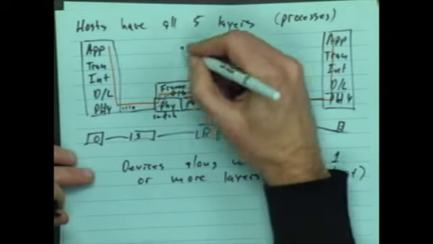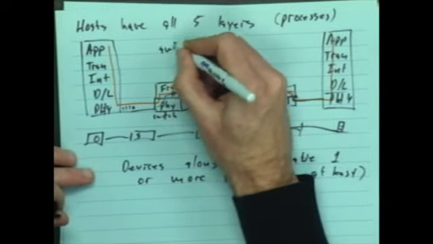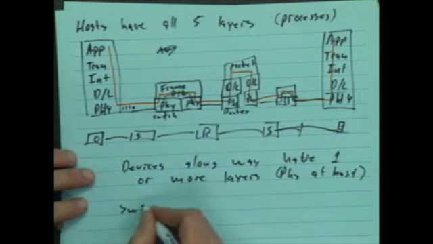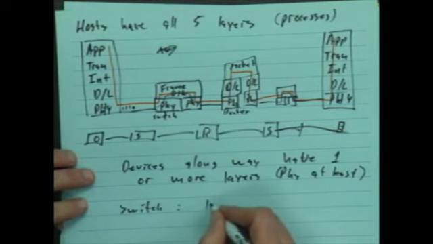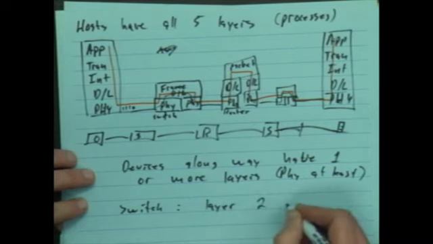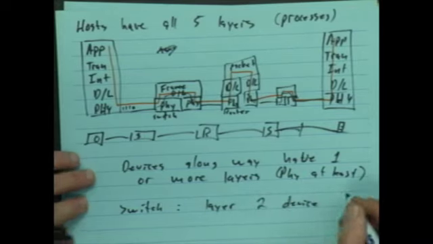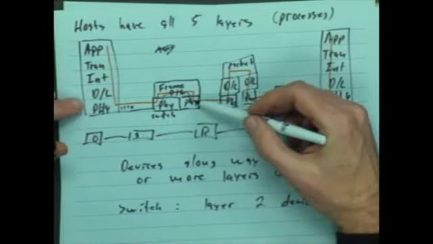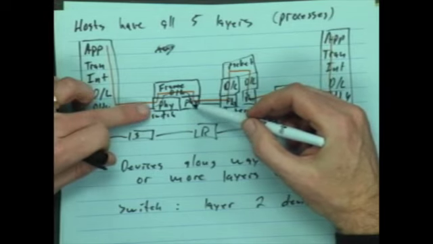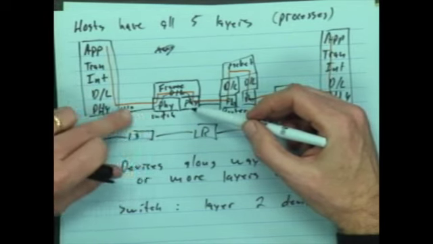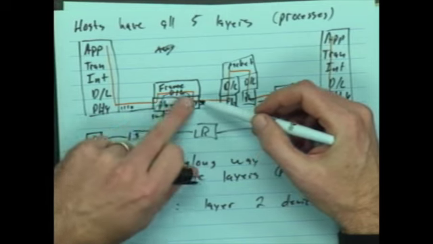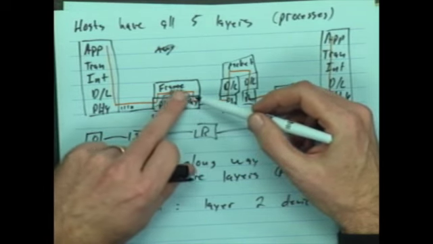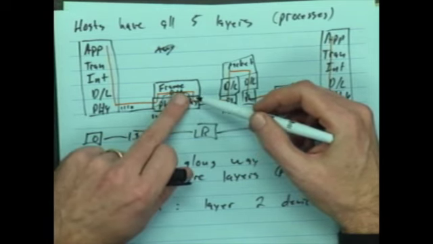A switch is considered a layer 2 device. That means it has 2 layers in it. So it has a physical layer process, something to read the bits coming in, and it has a data link layer process, so something to read the frame. You cool here with that?